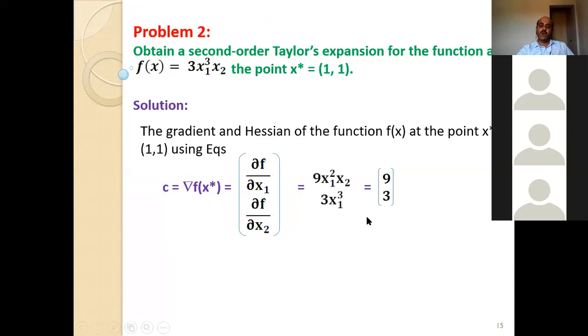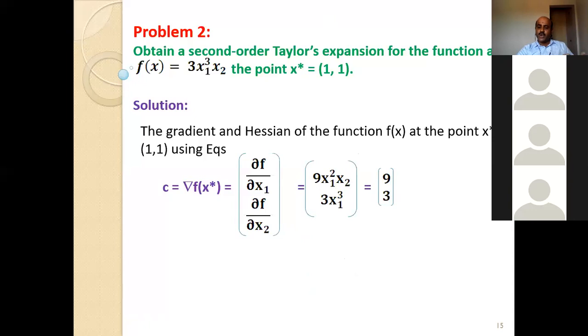So this is the expression you are going to get: 9x1 square x2 and 3x1 cube. And when you substitute x1 and x2 as 1, 1, then we get the value 9 comma 3. So this is how we do the gradient vector.